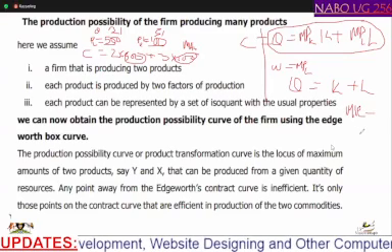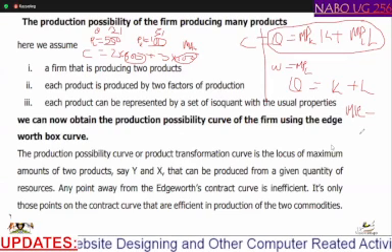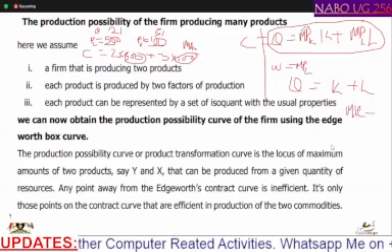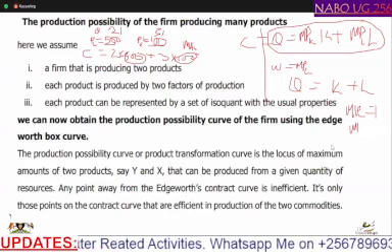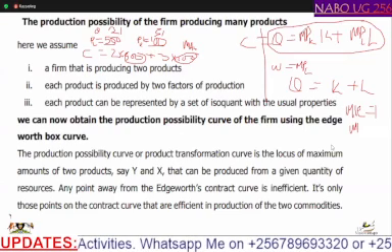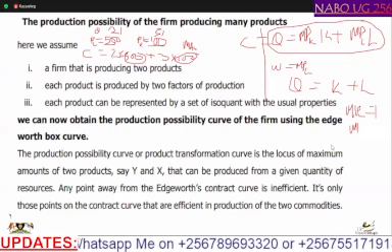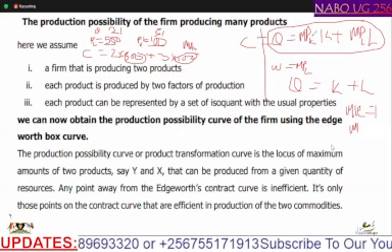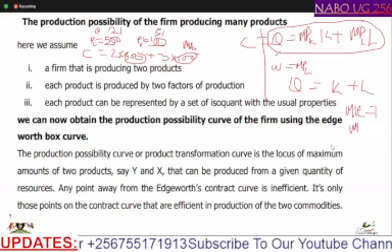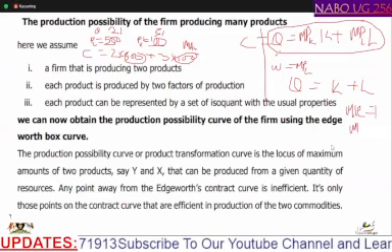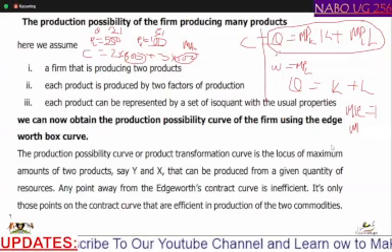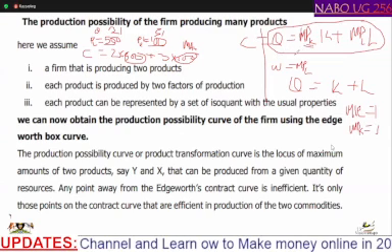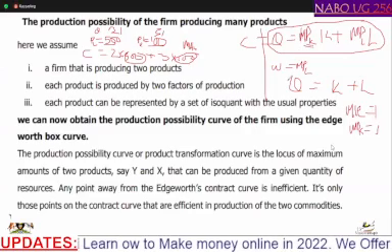Marginal product of capital times the units, plus marginal product of labor times the units of L. What do you get? K plus L is our output function. It is Q, isn't it so?